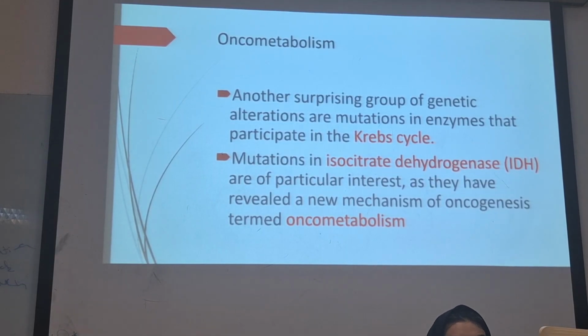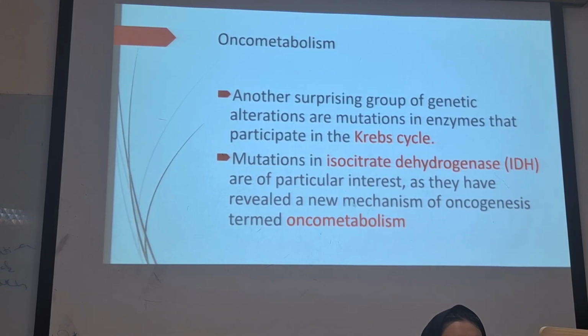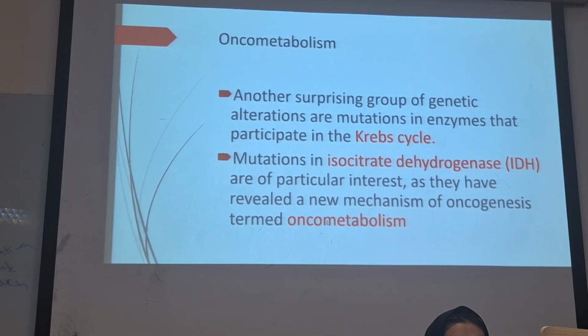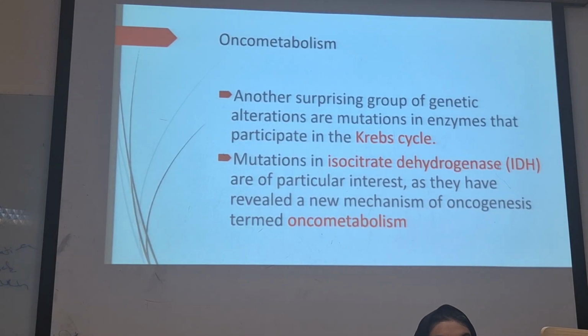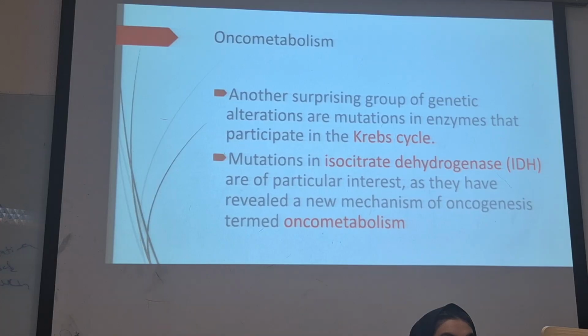Mutations in isocitrate dehydrogenase or IDH are of particular interest as they have revealed a new mechanism of oncogenesis, termed oncometabolism, and we can use some targeted therapy drugs that target this enzyme and this process of oncometabolism.